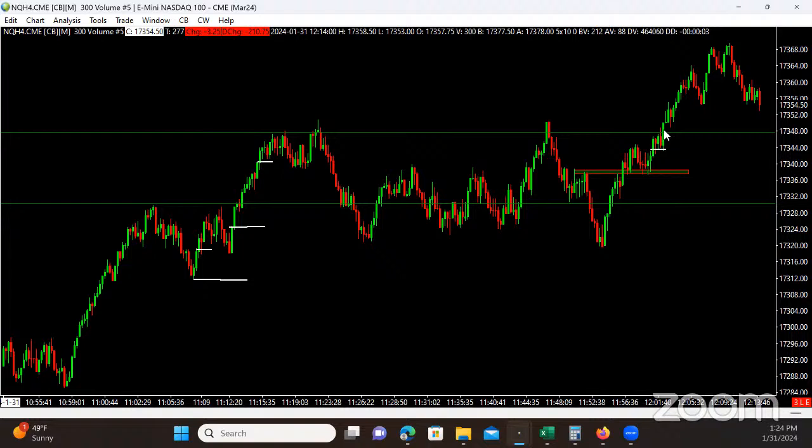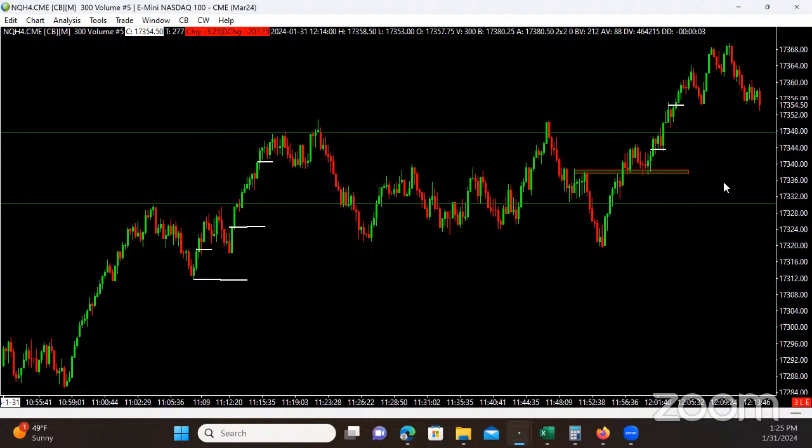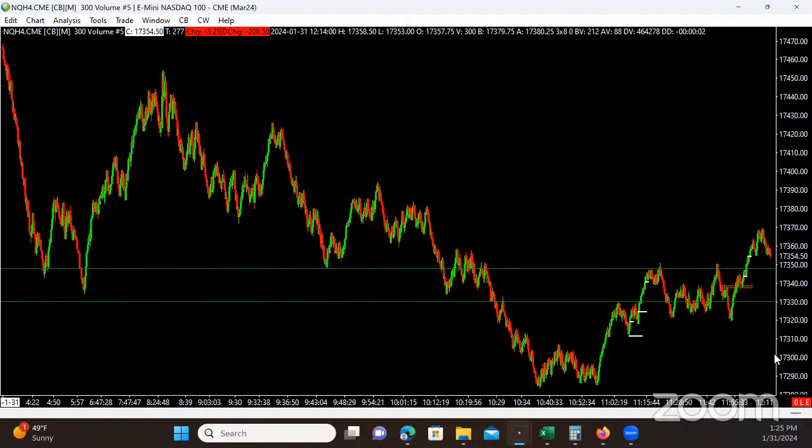When it pushes through here, come down and test. Oh, I'm going to enter in another one. And then I'm like, okay, cool. So now I know what I'm doing here. So I'm like, okay, let's see what we got. So I want to see exactly what we got through this equilibrium area.